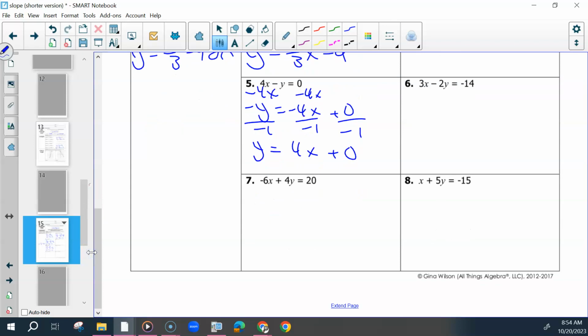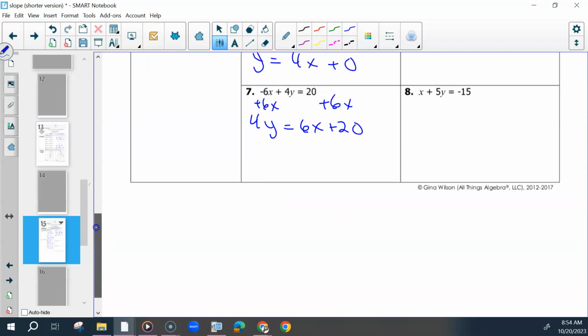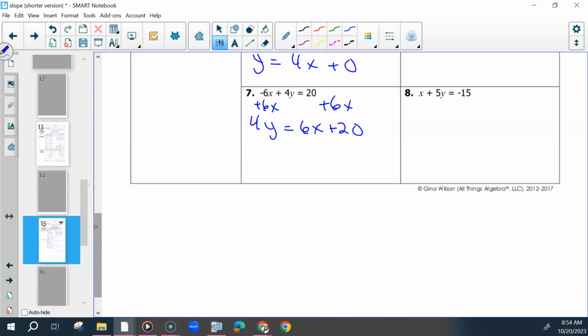Okay. Number 7, what would be the first step in that one? Plus 6x. So that was going to be opposite. Add 6x instead of subtracting, but everything else is the same. So to get y by itself, divide everything by 4. Simplify where possible.